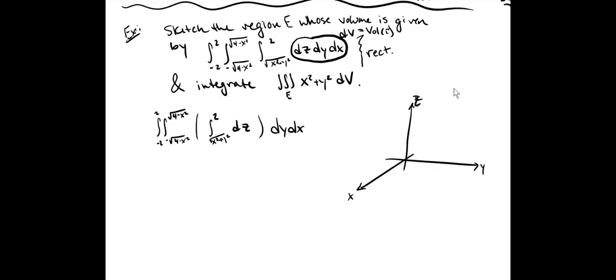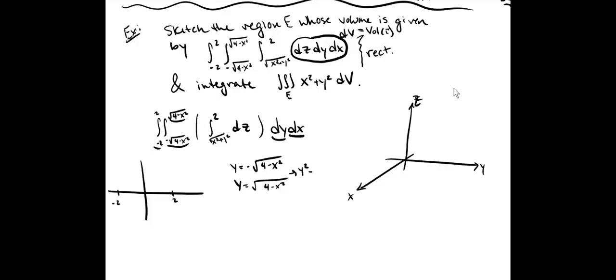So let's look at this. In the xy plane, we're saying the x variable goes from -2 to 2. Always want to start with the outer variable when decoding this way. Then the y variable goes from y equals negative this root to y equals positive that same root. Notice both, if I square them, give me this equation, which is just the circle of radius 2.